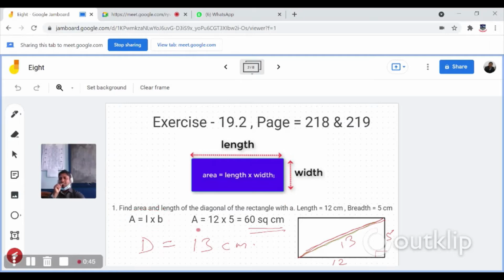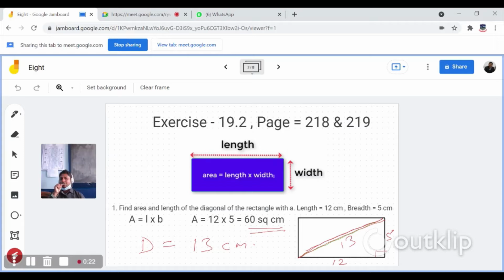Okay. Now I have the solution done here. So area, A denotes my area. 12 is my length. See, in the question it is clearly given, length equals 12, breadth equals 5. So I'll multiply length into breadth as per the formula. What is my length, Kavya?